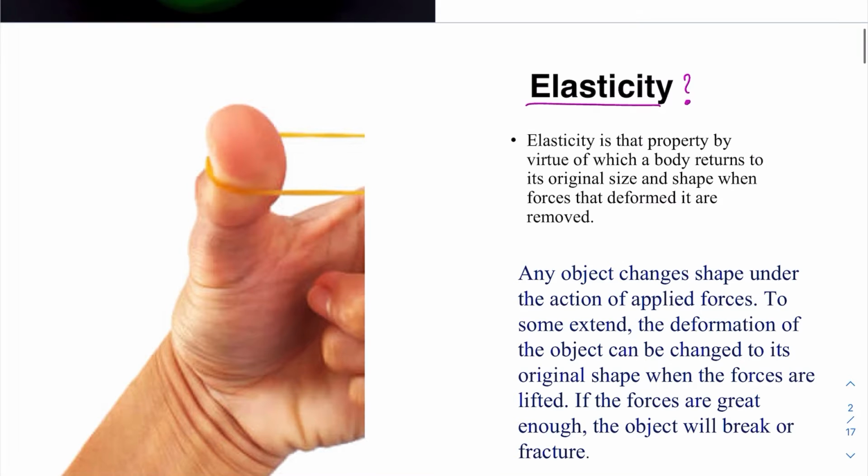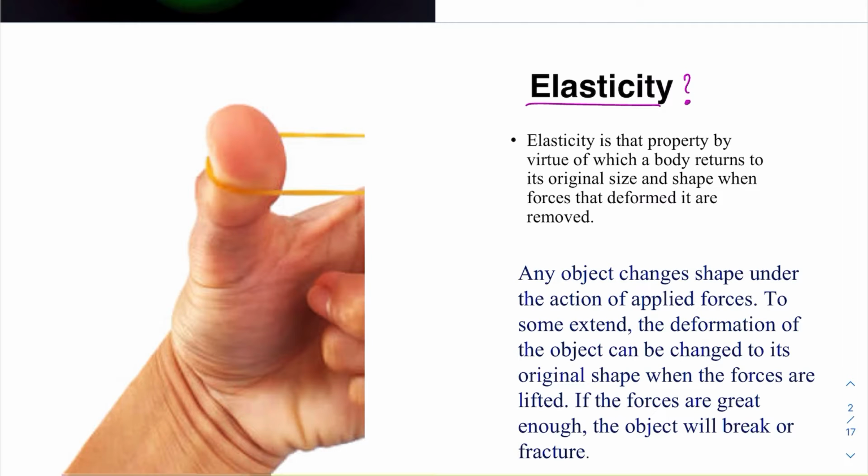Well, in simple words, elasticity is the property of materials that, when forces are applied on them, undergo deformation. But this deformation is temporary.